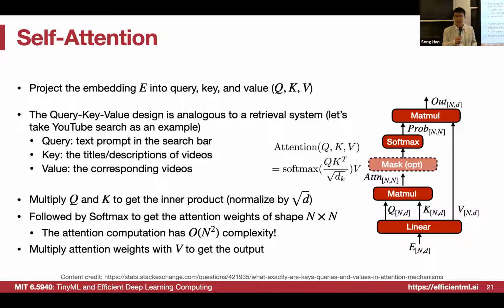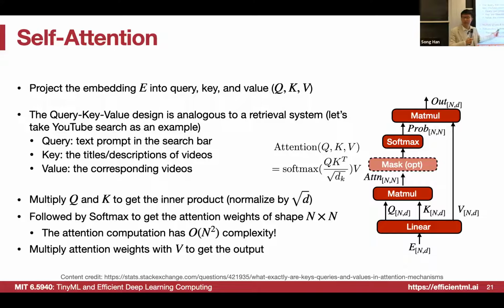After that, we pass it through a softmax function to get the attention weights. What is the dimension for that? Since we have n by d times d by n, the resulting attention matrix is n by n. You can think of it as the weight for the weighted sum of these values, where the weight is calculated by QK transpose.